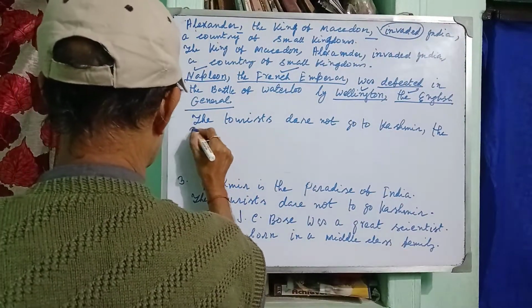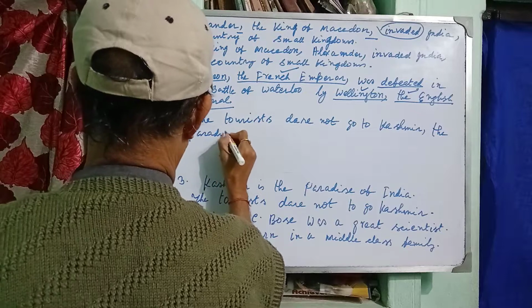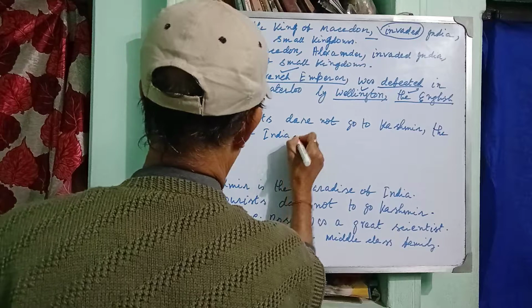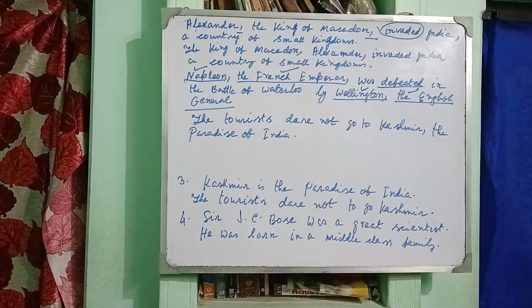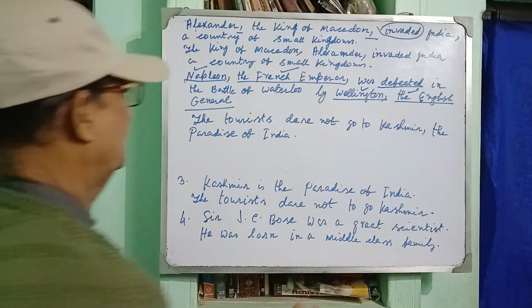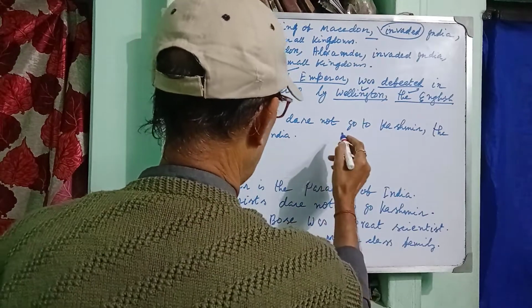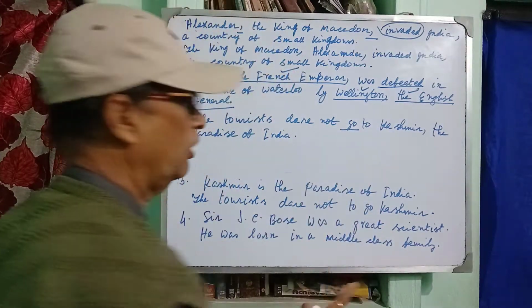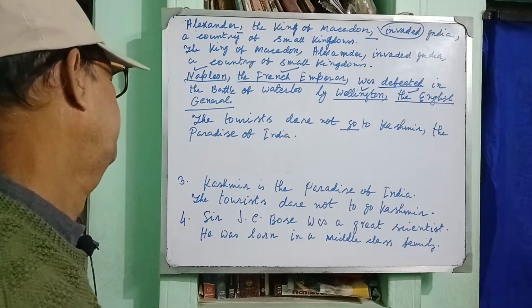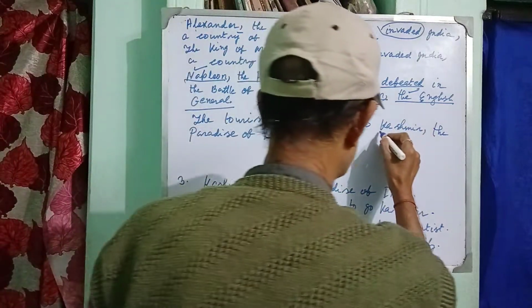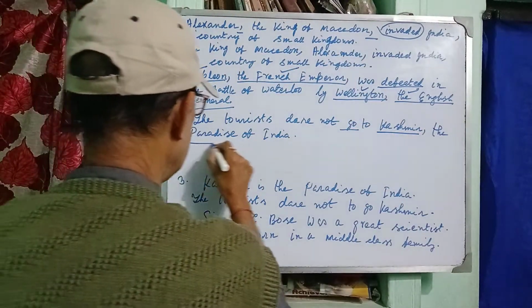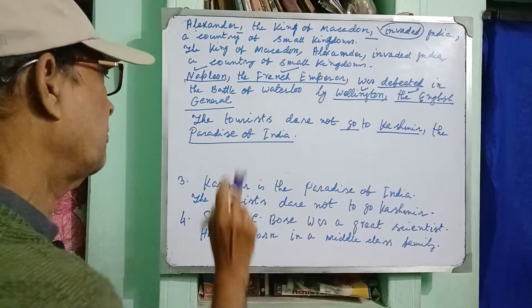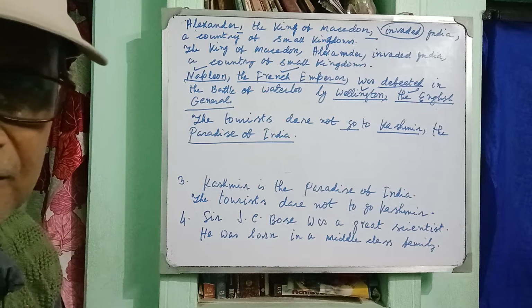Okay? Then what is the finite verb? Here, dare not is the modal or the auxiliary verb. Go is the only finite verb. And Kashmir is noun, the paradise of India, noun phrase. So Kashmir and the paradise of India is the same place. Clear?